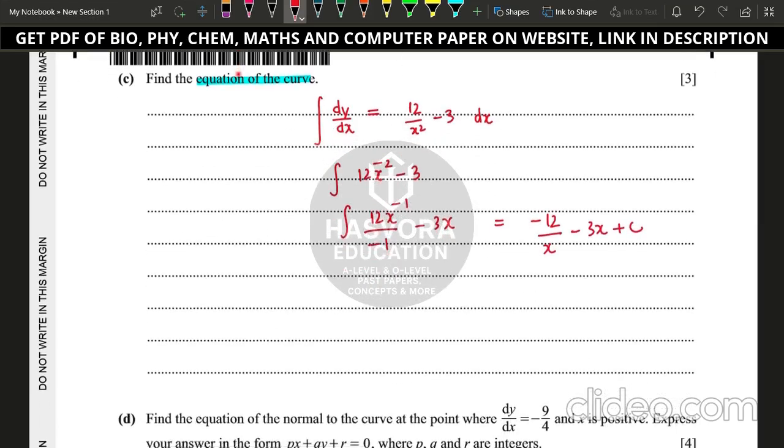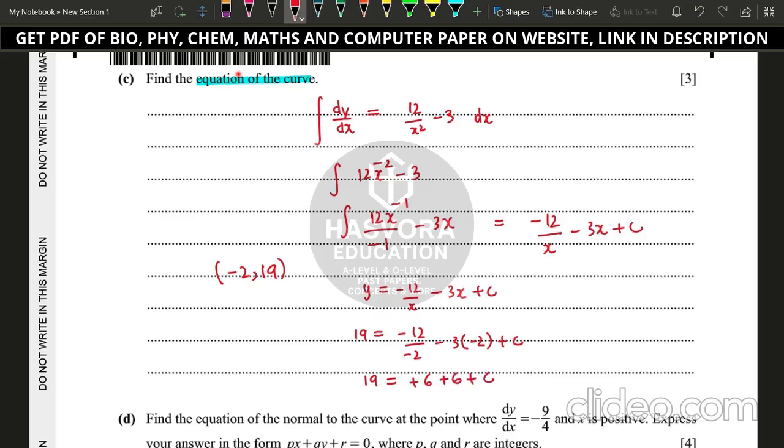So we know that we have minus 2 comma 19, which is a point. So it will actually be y is equal to minus 12 over x minus 3x plus c. So this will be 19 is equal to minus 12 over minus 2, minus 3 into minus 2, plus c. This will become 19 is equal to 6 plus 6 plus c.